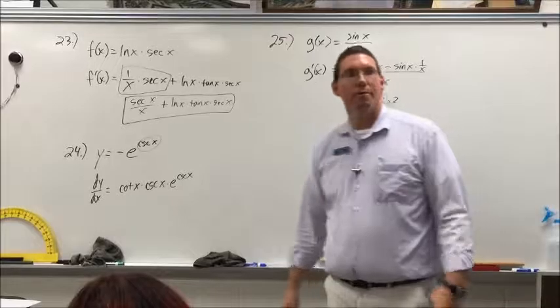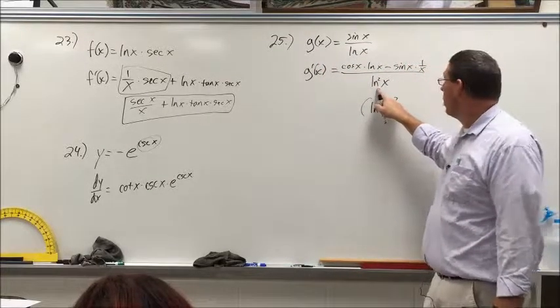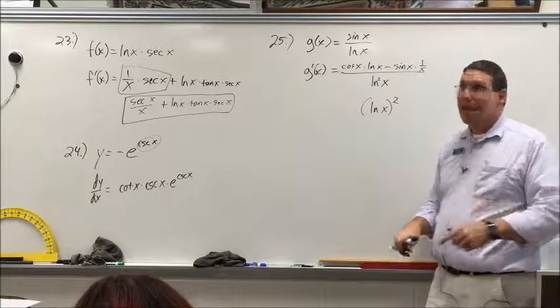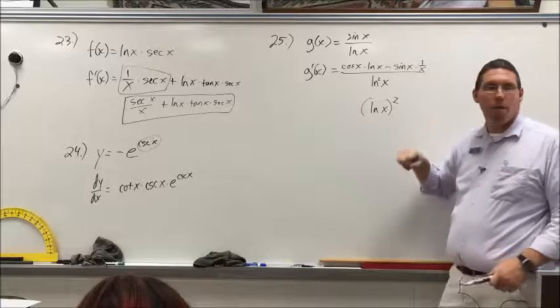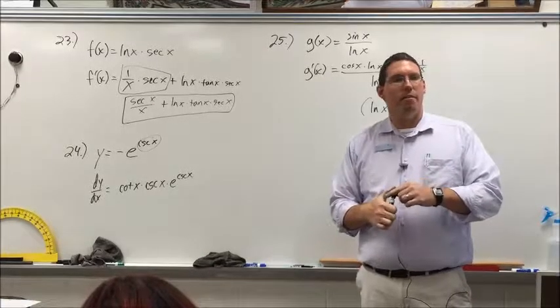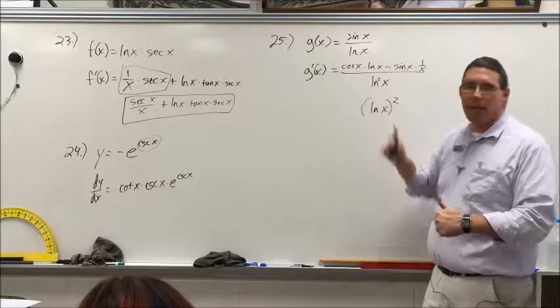You could cancel if there was also a 1 over x here. Here's the rule. I don't think they describe it like this typically in algebra. What they teach you to do in algebra is to factor something out and then cancel it.